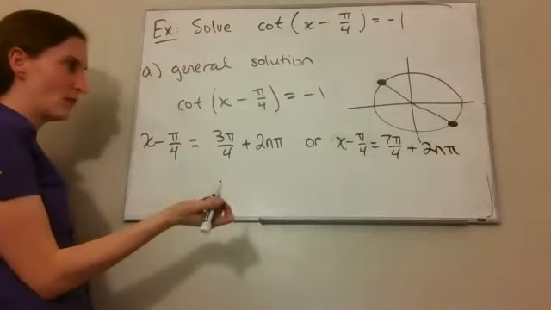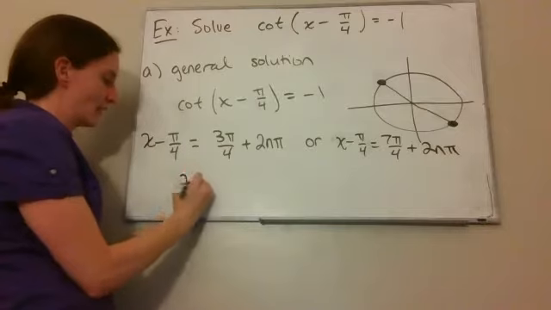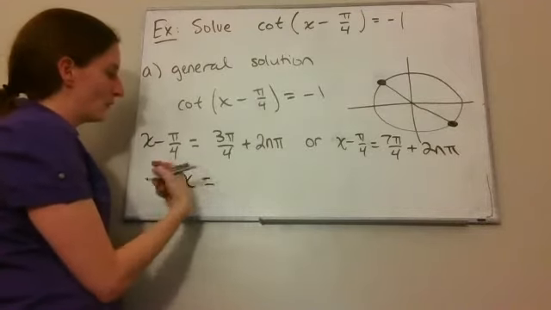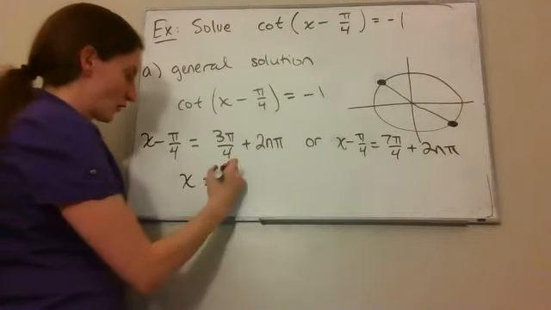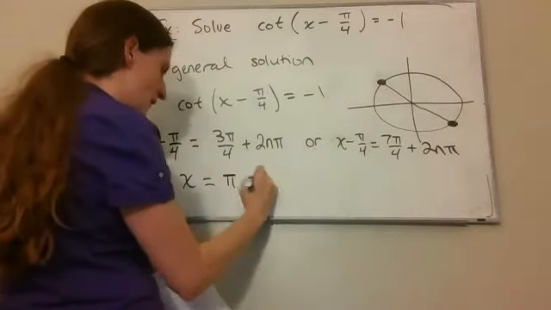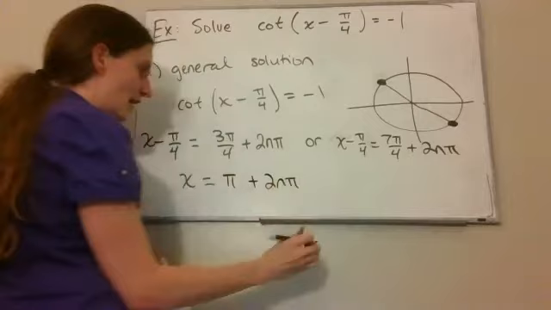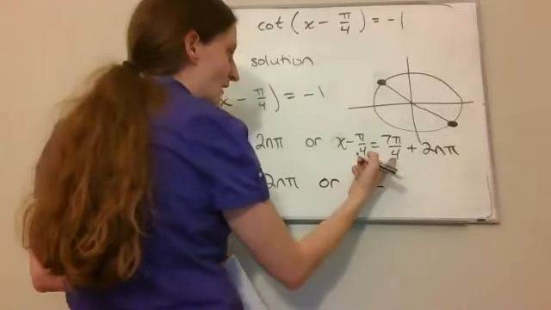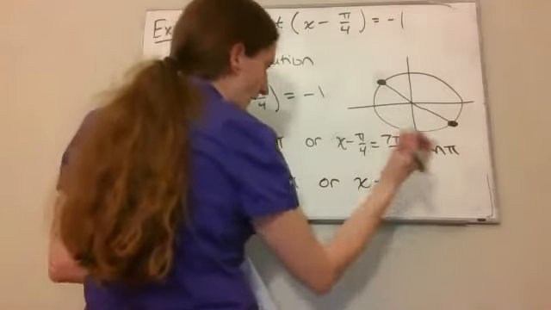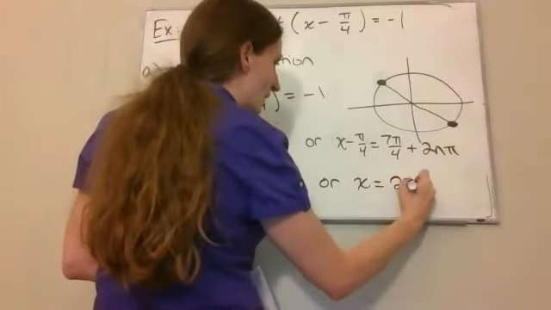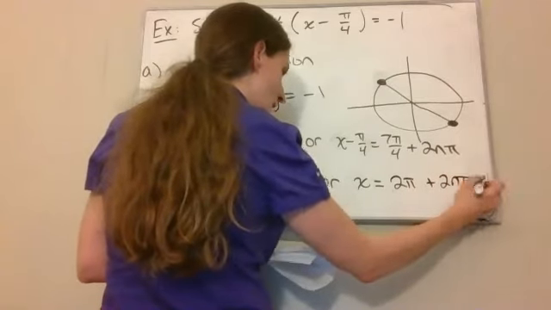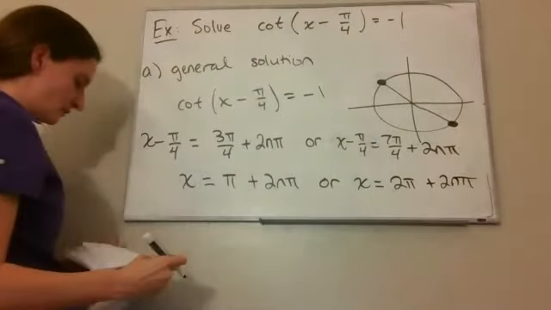And then I can solve both of these equations for x. Add pi over 4 to both sides. The 3 pi over 4 plus another pi over 4 just makes it pi plus 2n pi. Or my x is equal to 7 pi over 4 plus pi over 4, which is 8 pi over 4. That's 2 pi plus multiples of 2 pi.